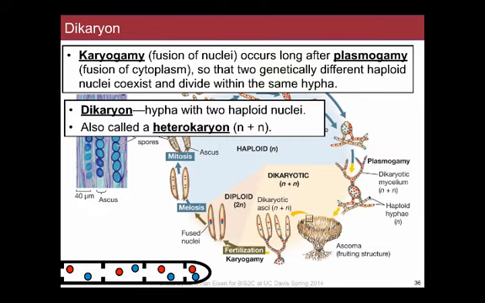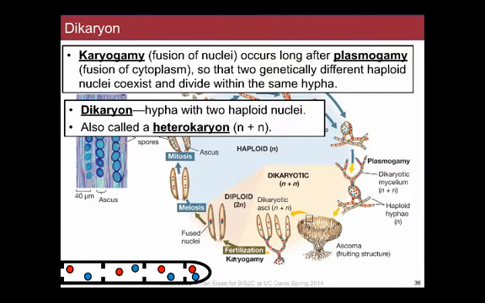And then after that occurs, you have a few aspects of the life cycle that happen in this dikaryotic stage until eventually the nuclei fuse as well. And that's known as karyogamy, kary for nucleus, gamy for fusion. So karyogamy occurs later.